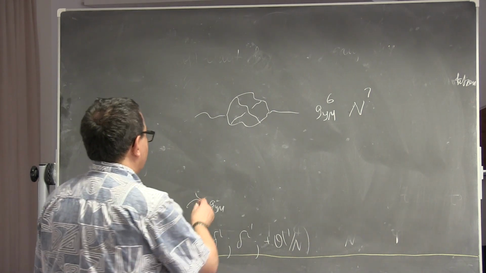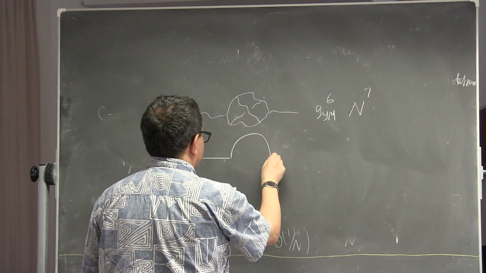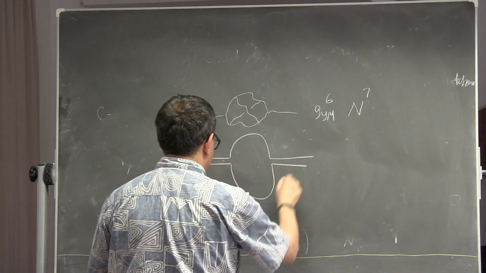And let me draw how this looks. So you will have like this one. This is sort of the outer part of the graph.